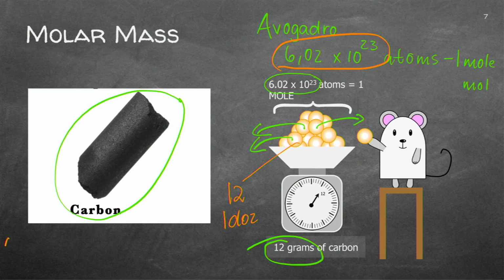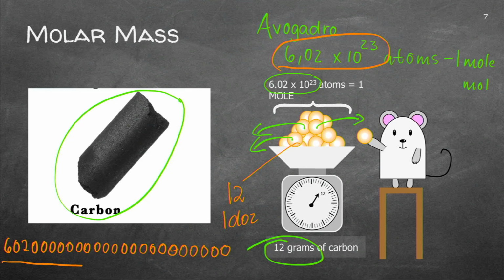Remember, it's 602, and then 3, 4, 5, 6, 7, 8, 9, 10, 11, 12, 13, 14, 15, 16, 17, 18, 19, 20, 21, 22, 23 zeros. That number is the number that I've written there.